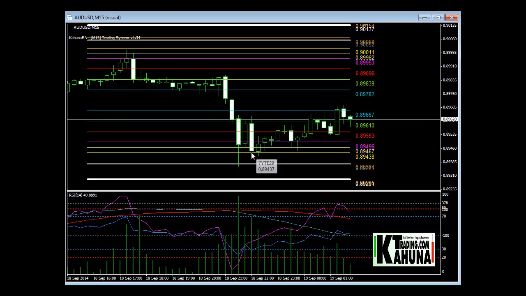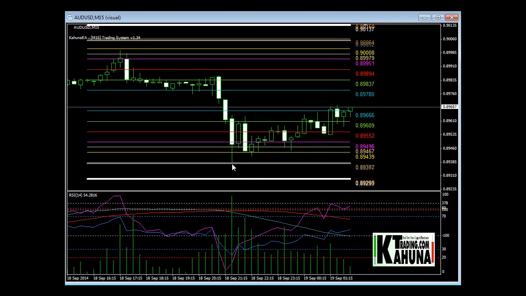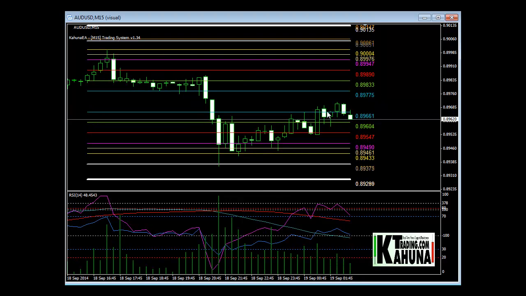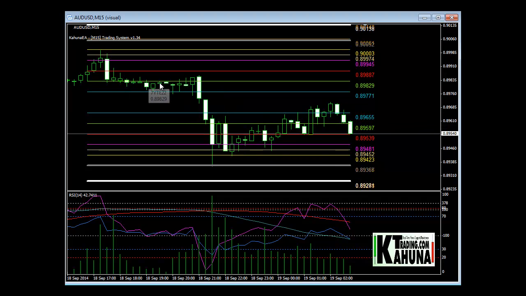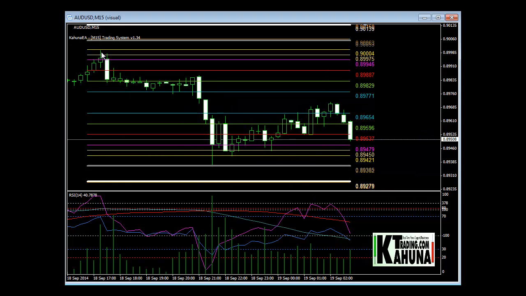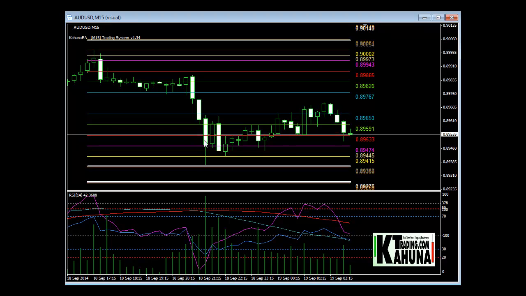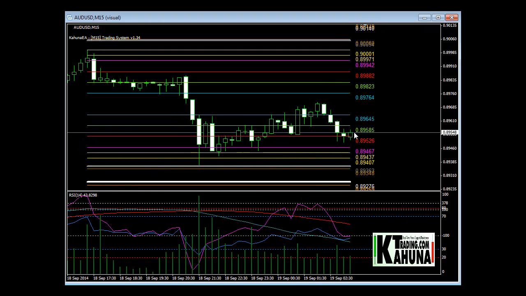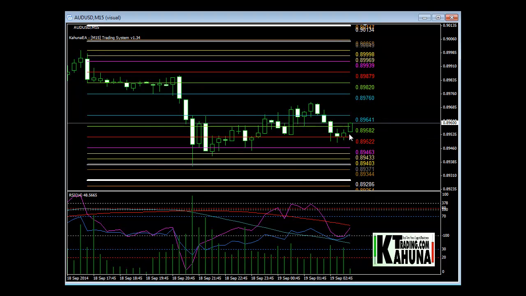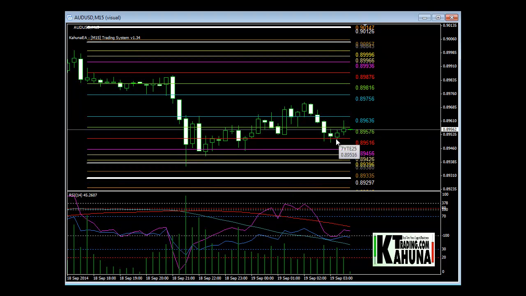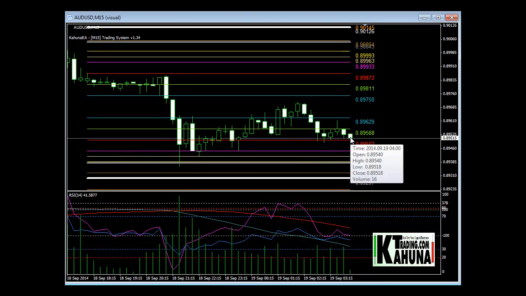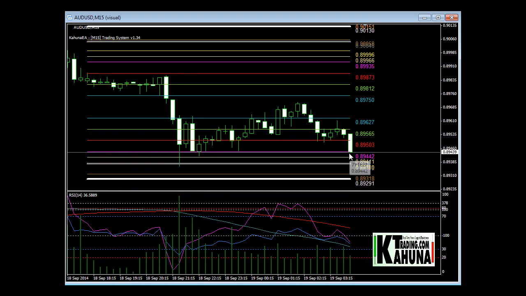They work in terms of accurate support and resistance. If we stick with the current candles, right there, our support again 3 times in a row here.